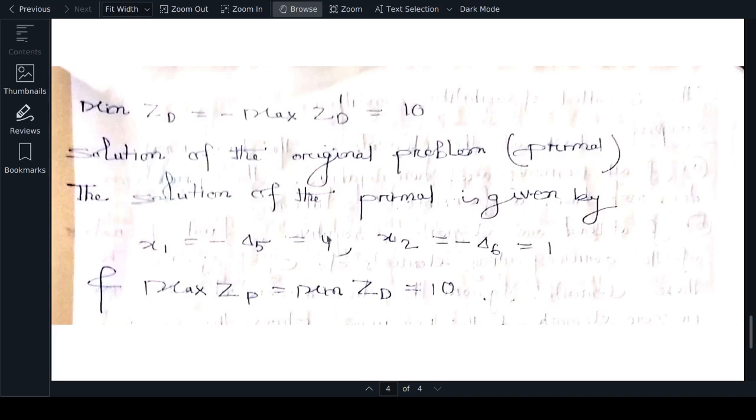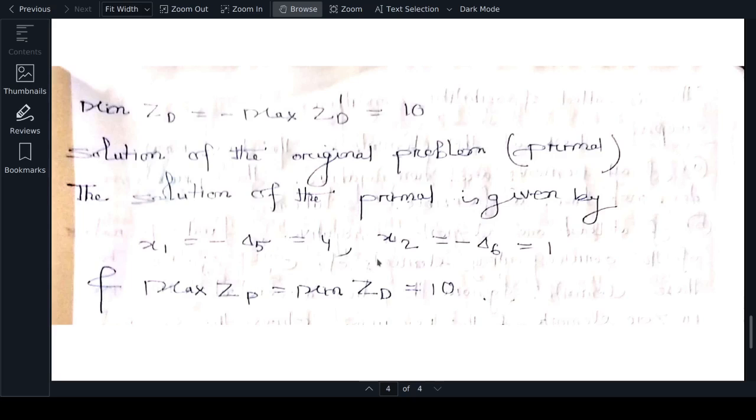So there is no rule whether we consider x1 or x2 like this. Just remember that for only slack or surplus variables we consider x1 and x2. Suppose W5 is surplus here, so the first one is x1, and W6 is after W5, so we write this x2. Clear?